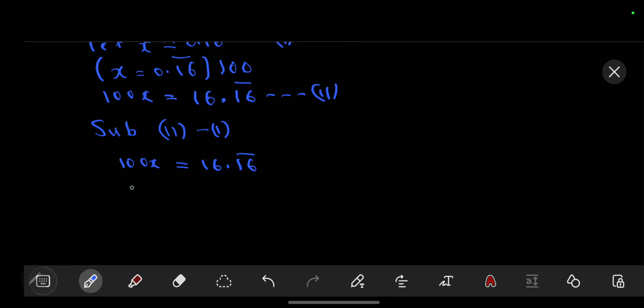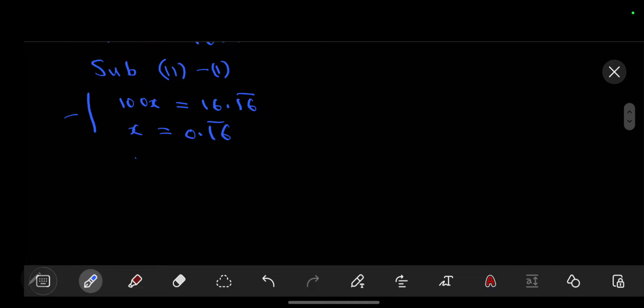We also have our x, which was equal to 0.16 bar. The other reason why we multiply by the number of decimal places is because we want the same number at the end after the decimal point, so that we can easily subtract. So now 100x minus x gives us 99x.